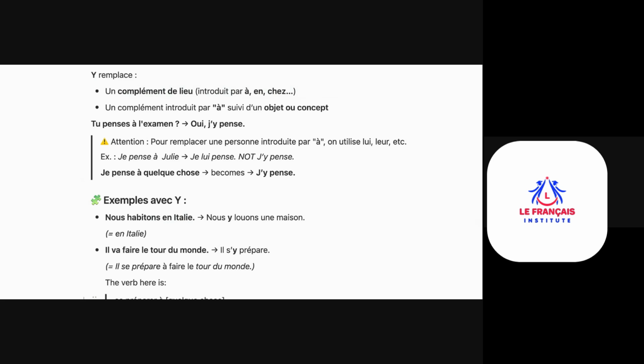It replaces complements introduced by à, or place complements introduced by à or chez, etc. Making any sense? Yes, yes.